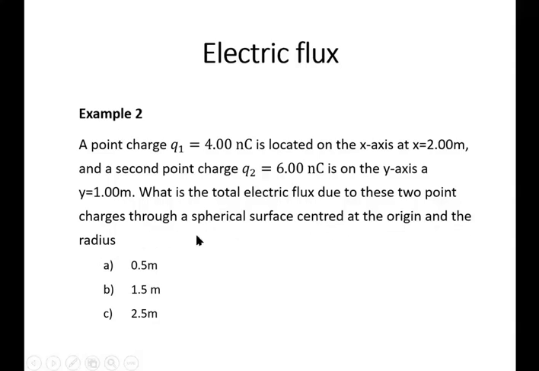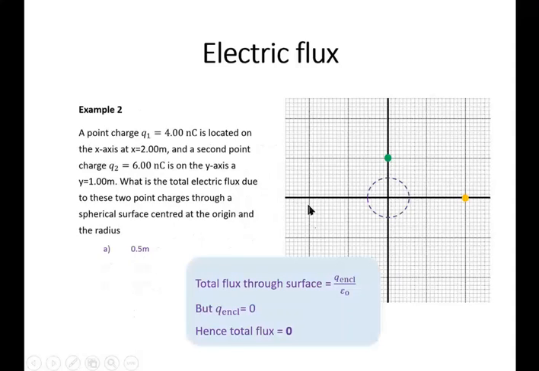Very often, it's proper to get a mental picture of what is actually on the ground, and this is what we have. Q2 is located on the y-axis, and Q1 is located on the x-axis. Q1 is 2 meters away from the origin, and Q2 is 1 meter away from the origin.